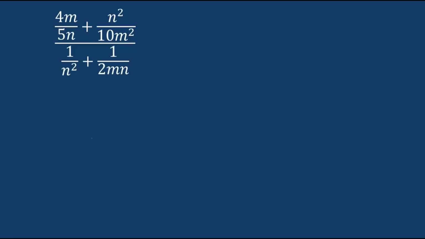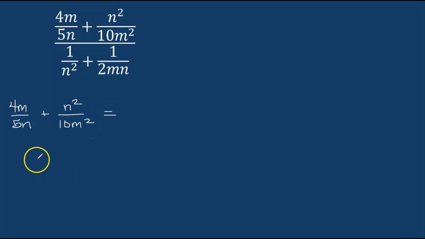Now let's do one that looks a little bit crazy. It's actually not as bad as you might think if you really think about these as two separate problems. We're going to work with 4m over 5n plus n squared over 10m squared by itself.